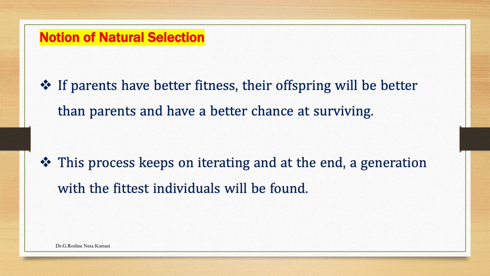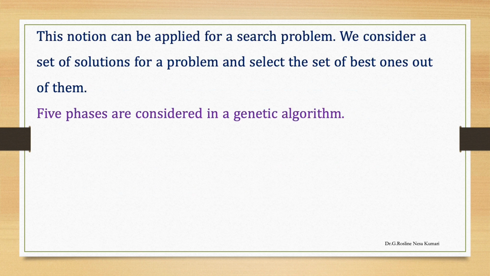This process keeps on iterating. At the end, the generation with the fittest individual will be found. Genetic algorithms are sufficiently randomized in nature, but they perform much better than random local search, as they exploit historical information as well.